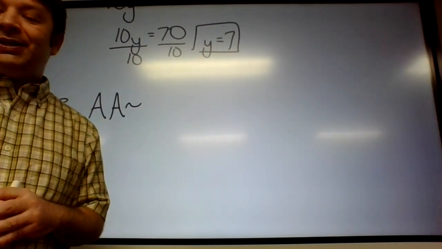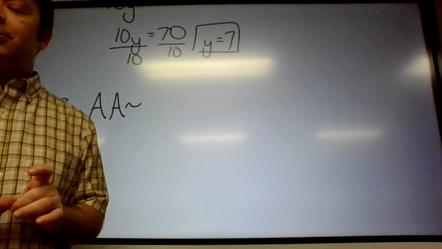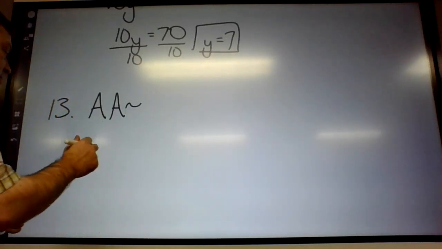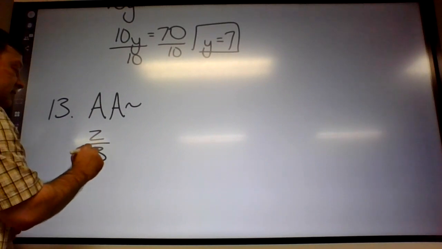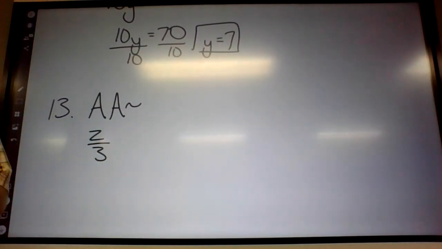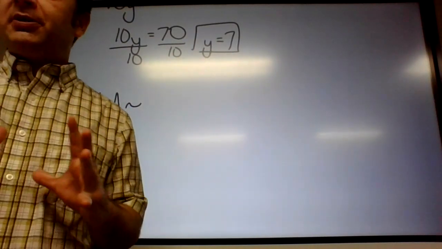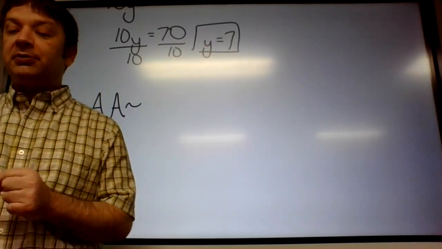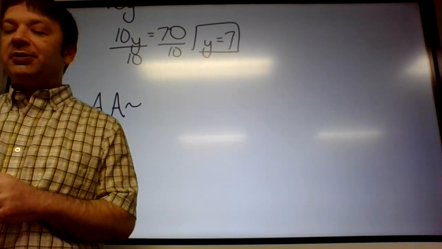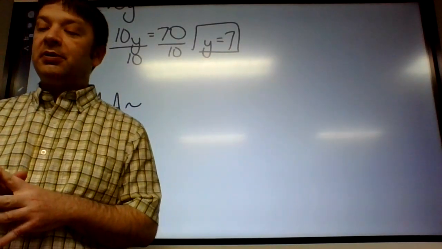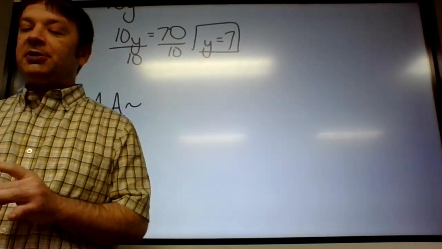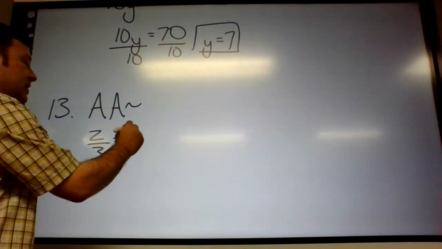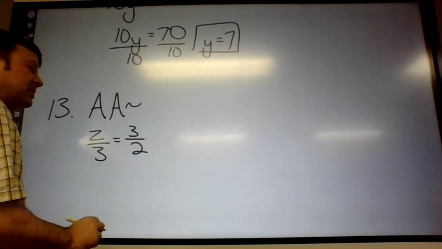So Z in the big triangle matches what in the little triangle? 3. Okay. So we went from big triangle to little triangle. So on this next one, we need to go big triangle to little triangle. So what's another side in the big triangle that we know? 3. And that matches what in the little triangle? 2. So that 3 gets used twice in two different ways. It's a little bit confusing.